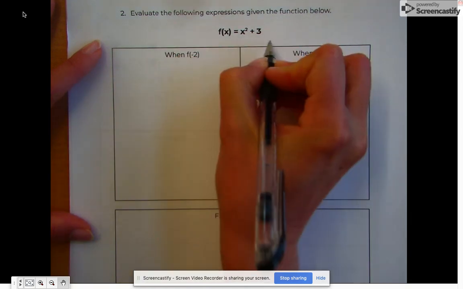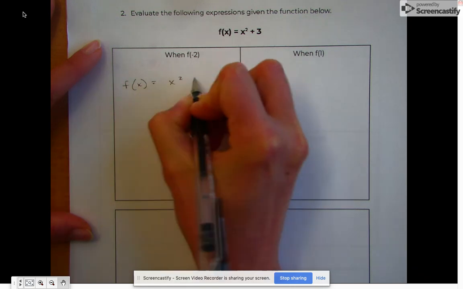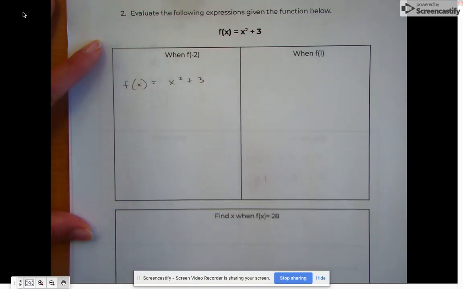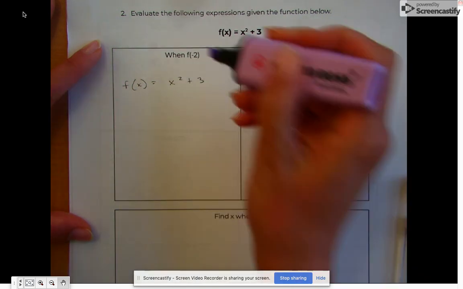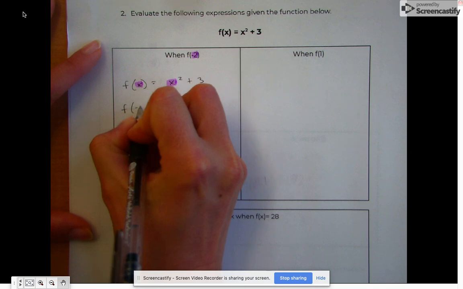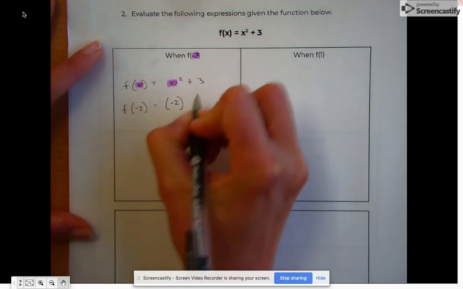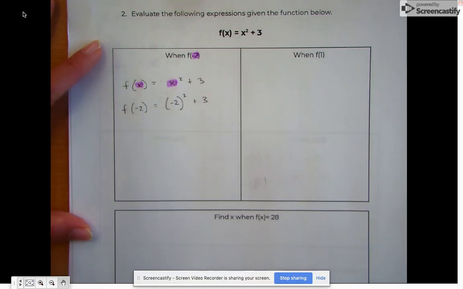So first thing I'm going to do, copy down the function, f of x equals x squared plus 3. The negative 2 is going in for the x. So then I'm going to do f of negative 2, replace the x with negative 2 squared plus 3.